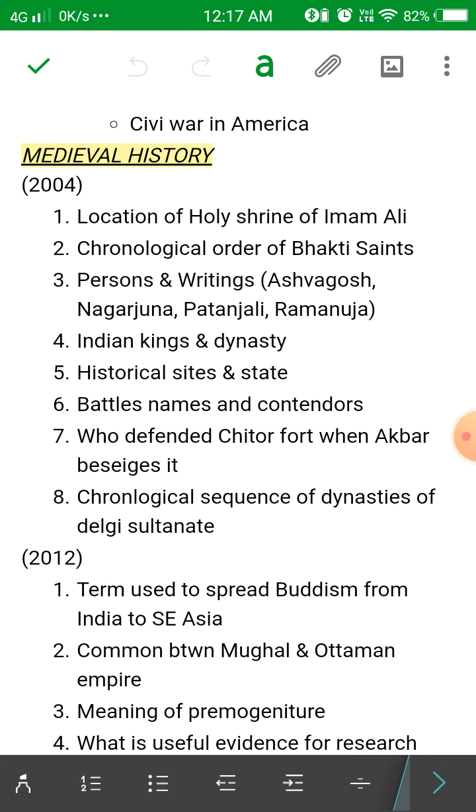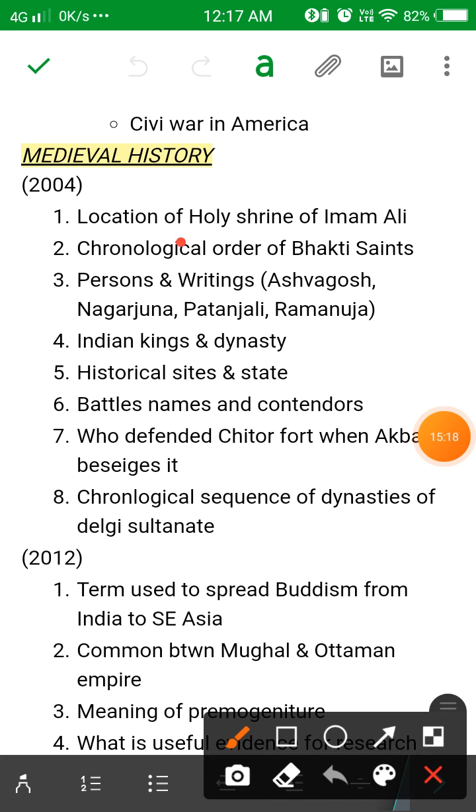And unlike EPFO, this APFC have asked many questions in medieval history, like location of a holy shrine of Imam Ali, chronological order of different Bhakti saints, different persons' writings like Ashvaghosha, Nagarjuna, Patanjali, Ramanuja.